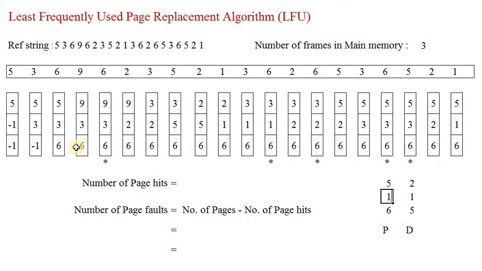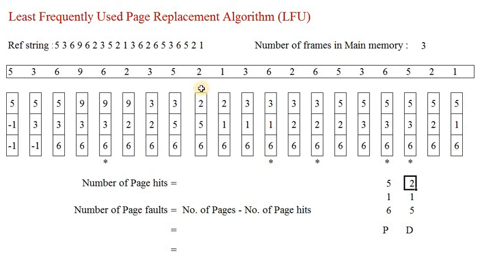Because it is frequently used. Why can I say it is a frequently used page? Because the degree of 6 is incremented iteration by iteration. Whenever we get the highest degree, it means the page is frequently used. Here 5 has also been frequently used, 2 times, and in the next iteration it is used again.